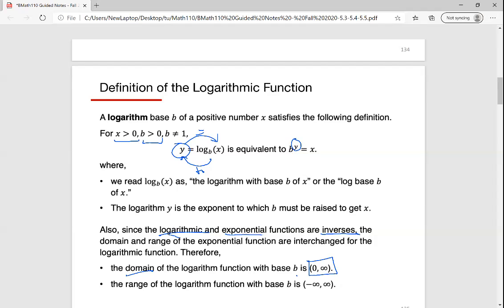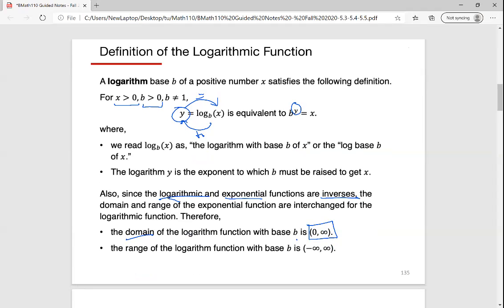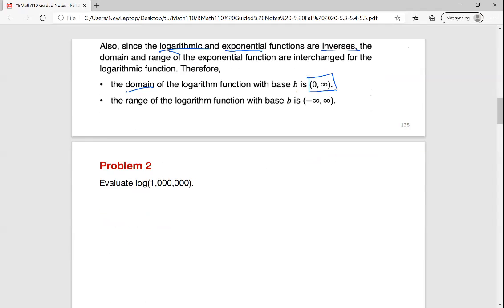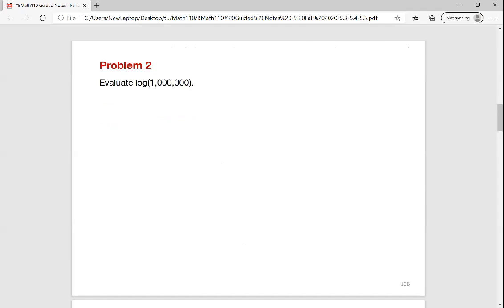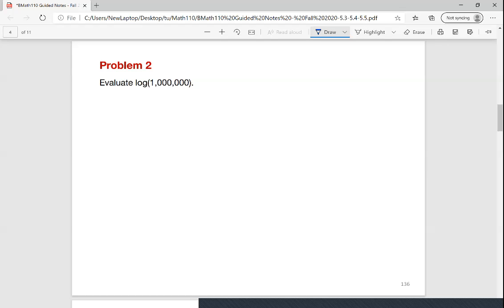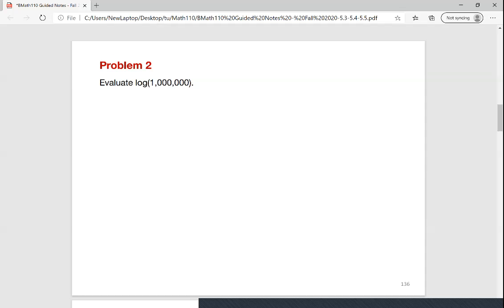Okay, so let's move down. Here we go. We do problem number 2. Evaluate log of 1 million. This log means that this is a log base 10, right?